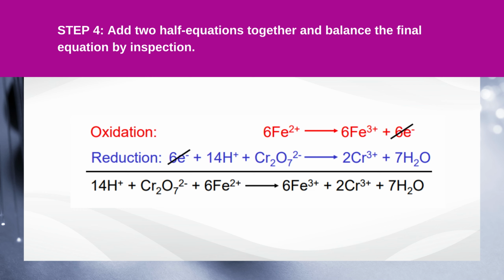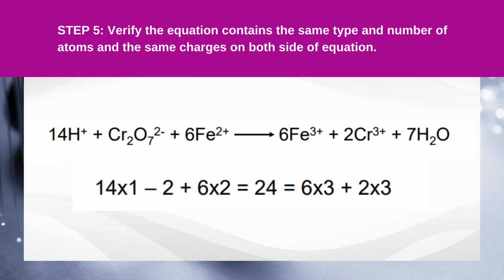The electrons on both sides must be cancelled. We have 6 electrons at the right side and 6 electrons at the left side. So we need to cancel the electrons. And then for step 5, we need to verify that the number of atoms and charges are balanced.